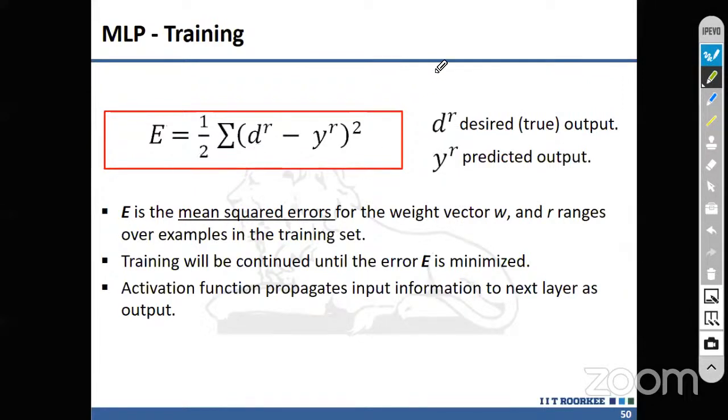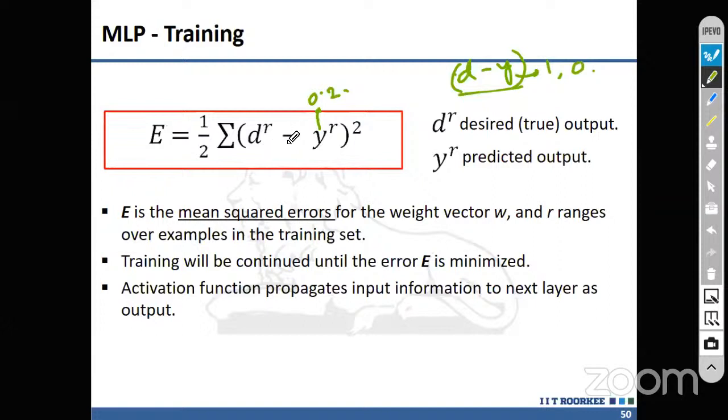In the perceptron, what we have seen, error is just D minus Y, that means 1 or 0. D is the ground truth and Y is what you are predicting. In the perceptron, the ground truth was 1 or 0 and Y was always 1 or 0. Here, we are not using the step function, so Y will be some number like 0.2 or 0.3.